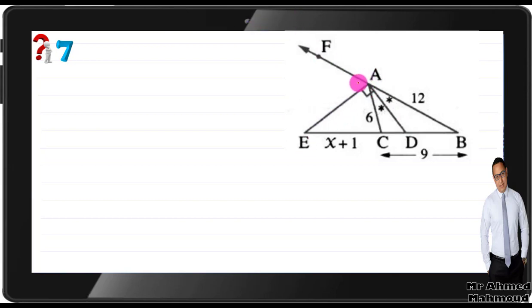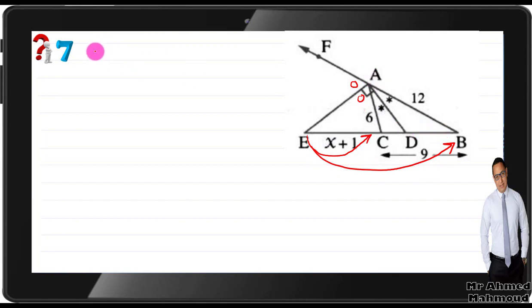Again, AE is the external bisector of angle A because they are perpendicular. Now I need X. So I'm going to use the external bisector theorem: EC over EB equals AC over AB.